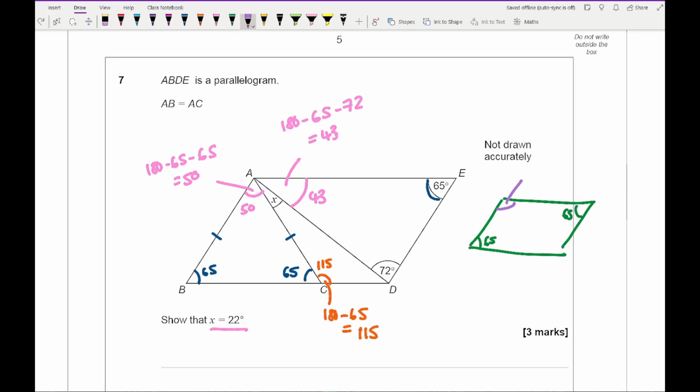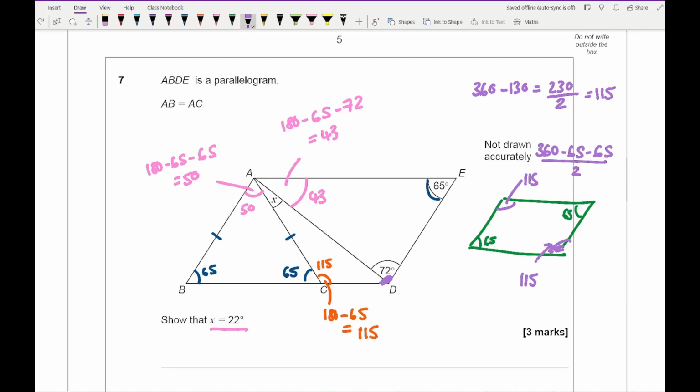So if I do 360 minus 65 minus 65 all divided by 2, let's just quickly work that out. 360 minus 130 is 230. 230 divided by 2 is 115. So this angle here is going to equal 115.